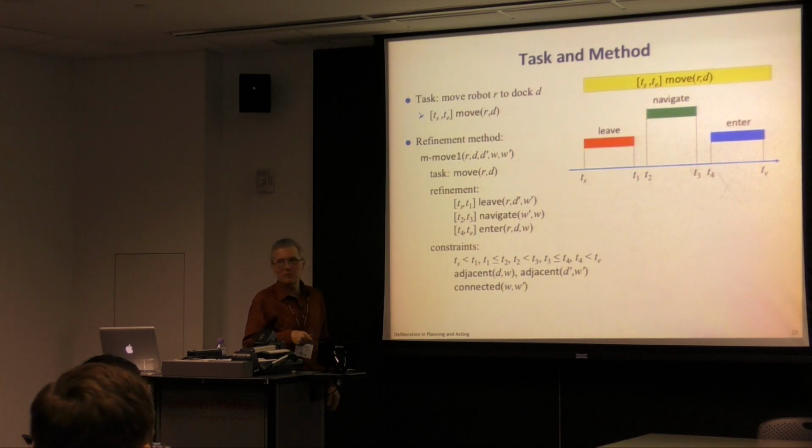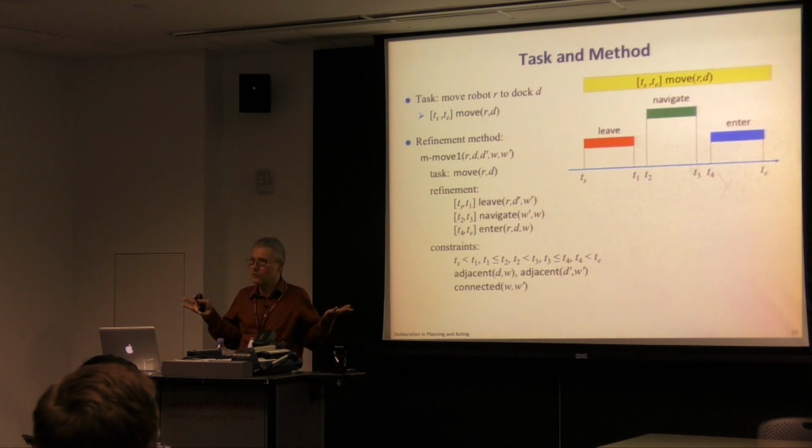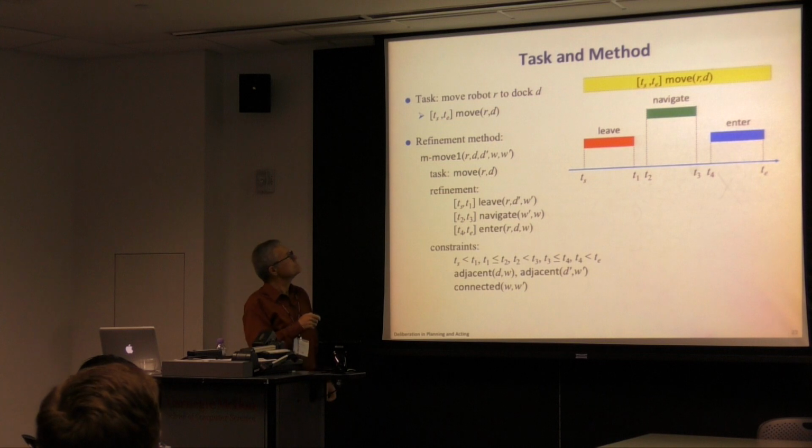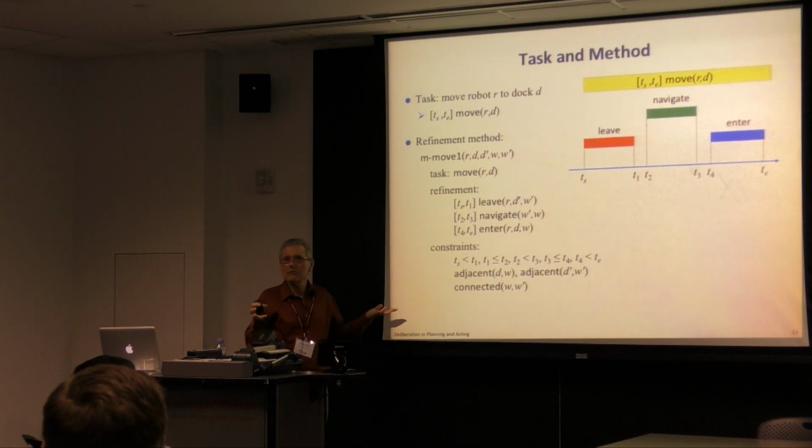These also would be preconditions, but they're basically rigid ones. If they're not true, then you're not going to be able to do this action, period. Effects are also encoded into the temporal assertions because something like leave is going to involve some changes.